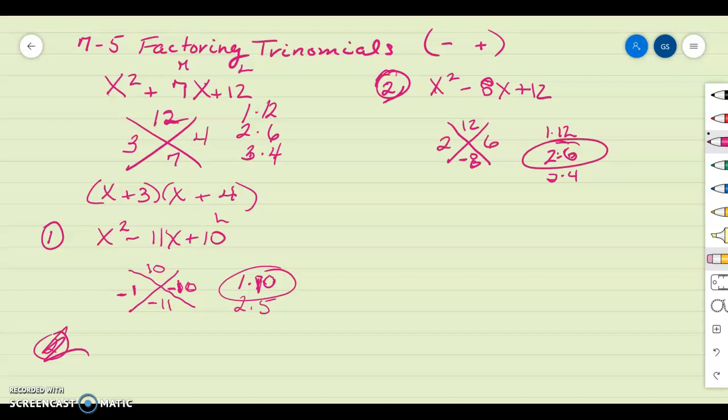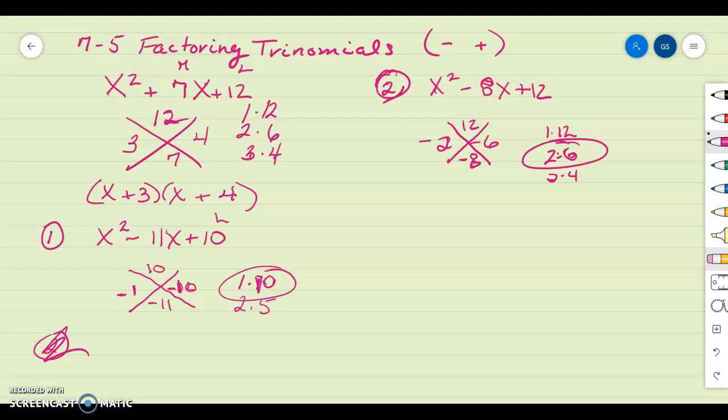Now, again, there's a positive number in the top. There's a negative number in the bottom that we have to add to, but that positive in the top tells us our signs have to be the same. Therefore, if they can't be positive to get to the -8, make them both negative. They have to be the same.